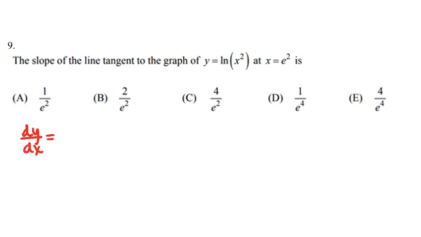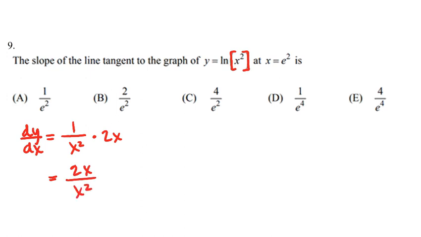Right? It's log of x squared. So x squared is the inside and log is the outside. So the derivative of log is 1 over x, or 1 over the thing if you're taking the log of the thing. So this is going to be 1 over x squared multiplied by the derivative of the inside, which is the derivative of x squared. That's 2x. So that's 2x over x squared.